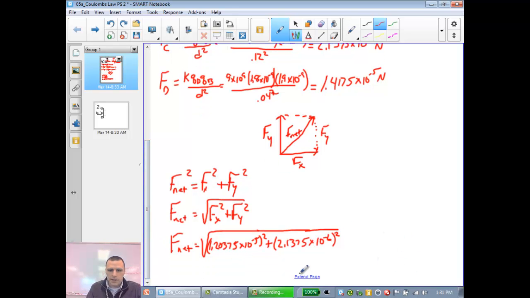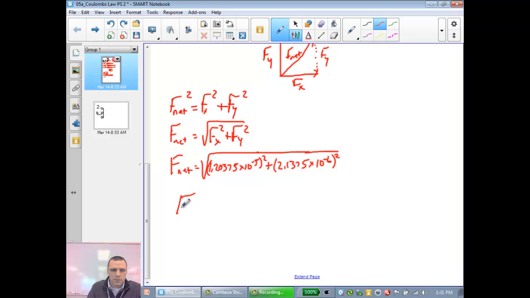And we can get that value, which is, depending upon rounding, you're going to have different answers, but 1.21 times 10 to the negative 5 newtons.